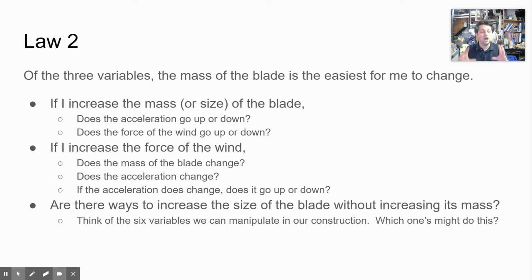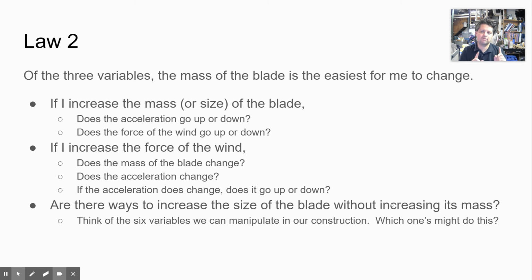So, of the 3 variables, the mass of the blade is the easiest for me to change. If I increase the mass or the size of the blade, does the acceleration go up or down? Does the force of the wind go up or down? If I could somehow increase the force of the wind, does that change the mass of the blade?